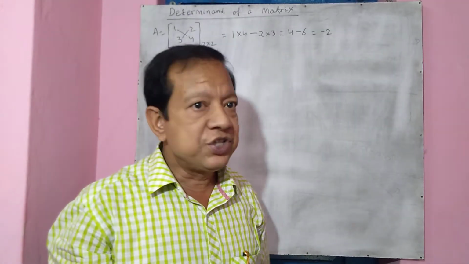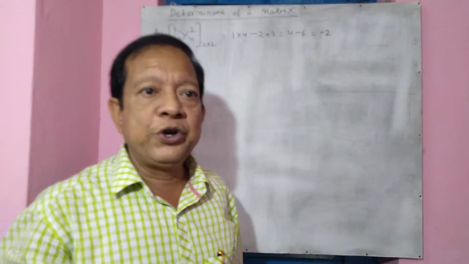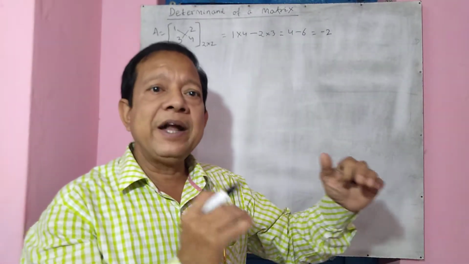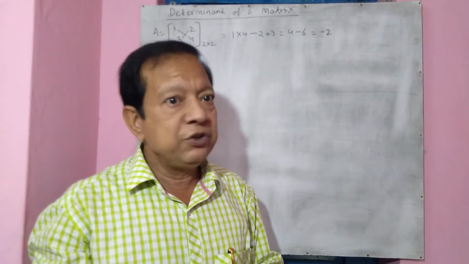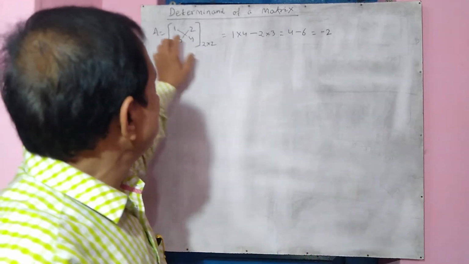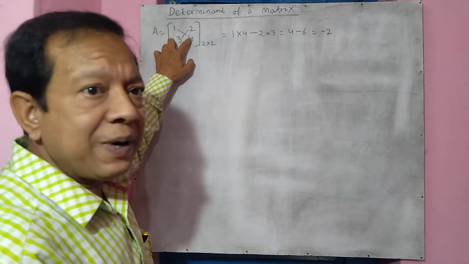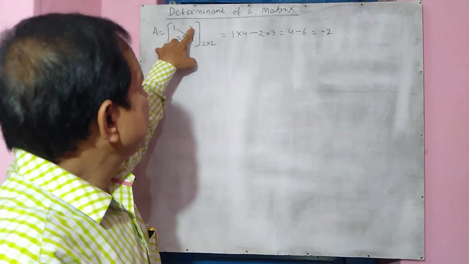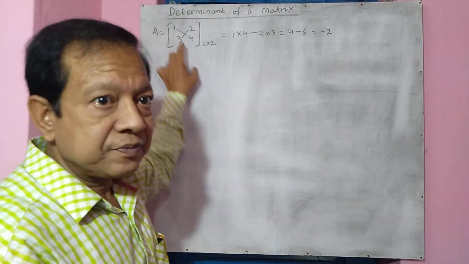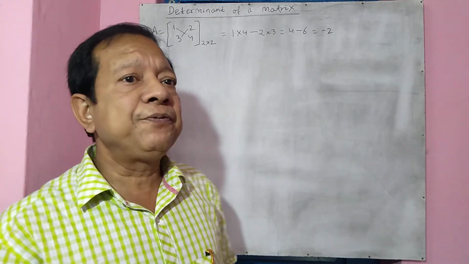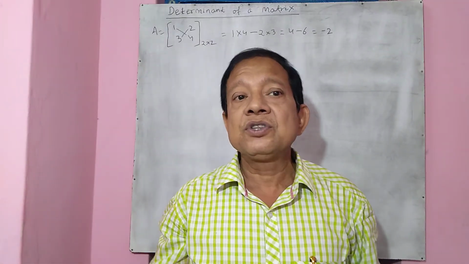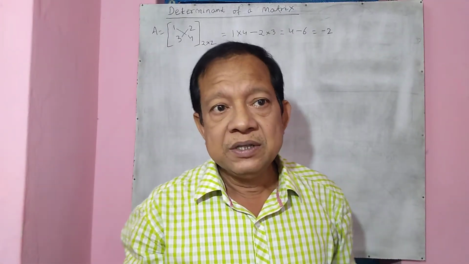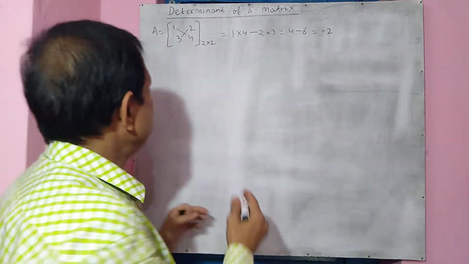So this is how we can find the determinant of a second order matrix. This is very simple, because you simply multiply the principal diagonal and deduct from it the product of the other diagonal. But if it is a third order matrix, that is a 3 into 3 matrix, what shall we do?